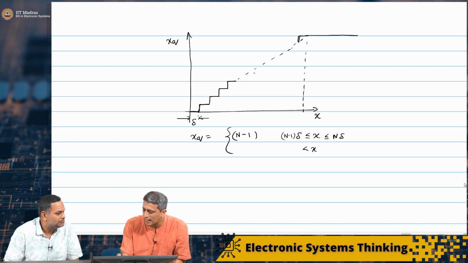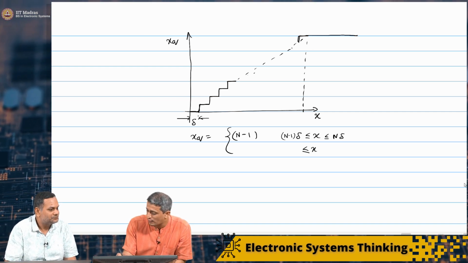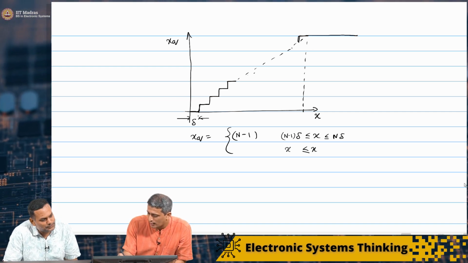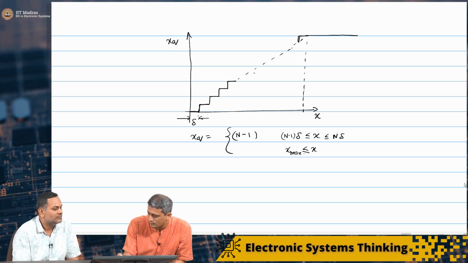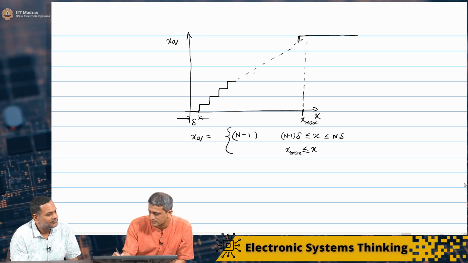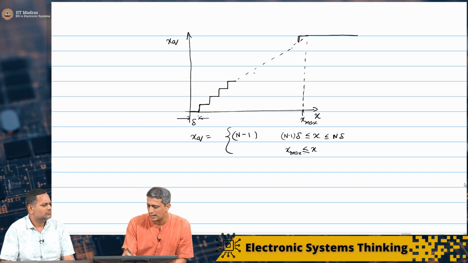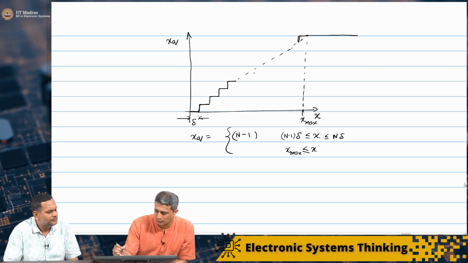And anything that is greater than the max value, let me call that x max, anything beyond x max is going to get approximated to n minus 1.